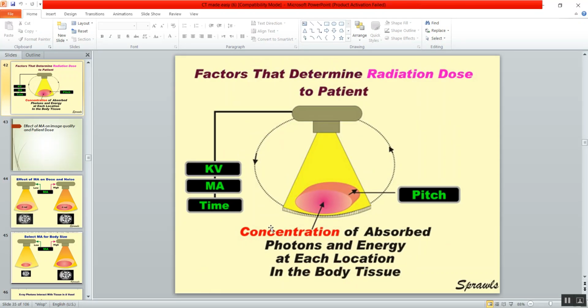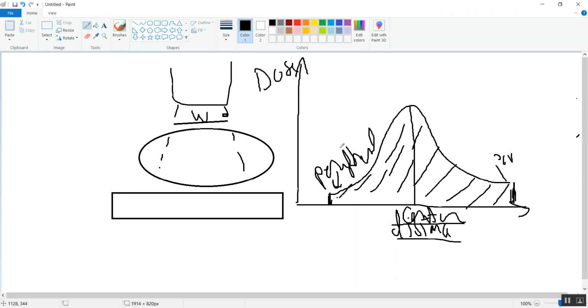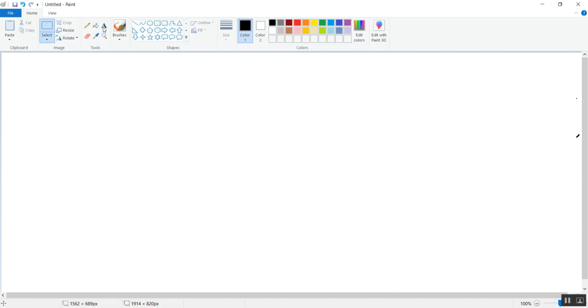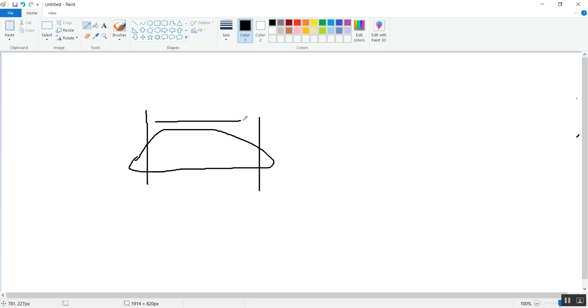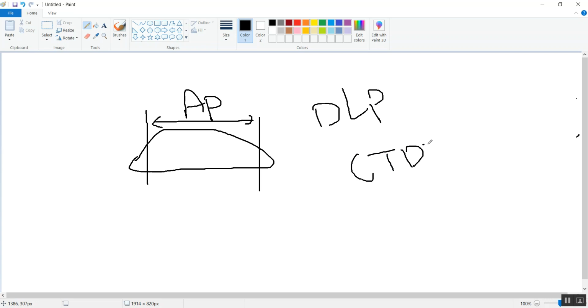If I talk about it here, for example, if we scan patients for the abdomen and pelvis region, this is our scan length, abdomen, pelvis. You will get the DLP value and CTDI volume.